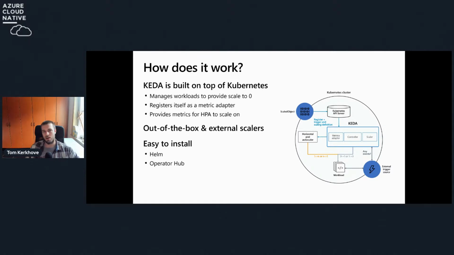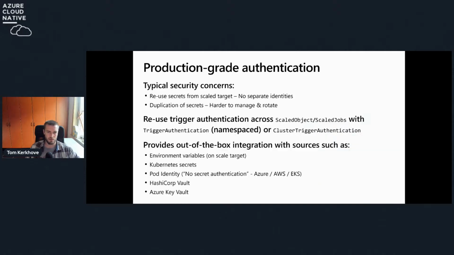We're actually extending Kubernetes and building on top of it, which is very important for us. You can easily install it by using Helm or Operator Hub, and then use the out-of-the-box Scalers or the external Scalers, which I will come back to later on as well.